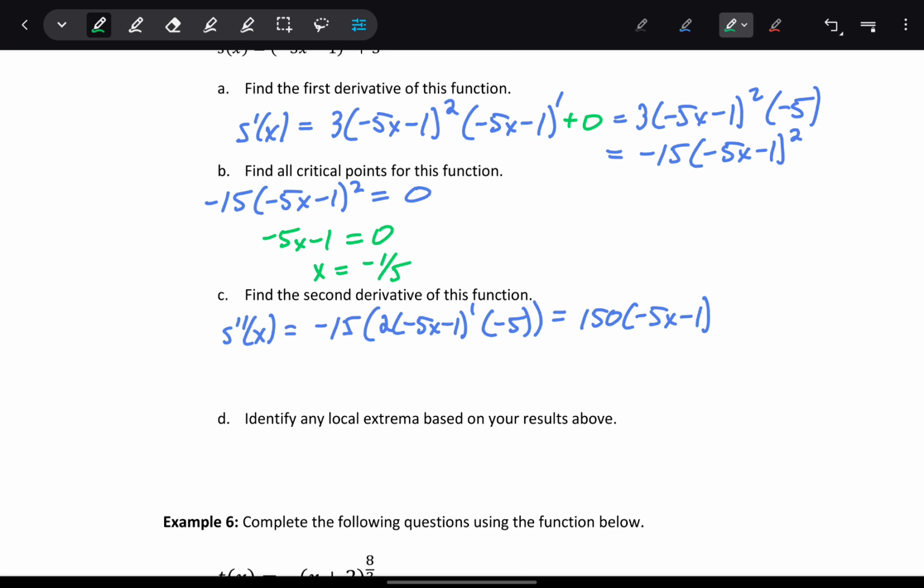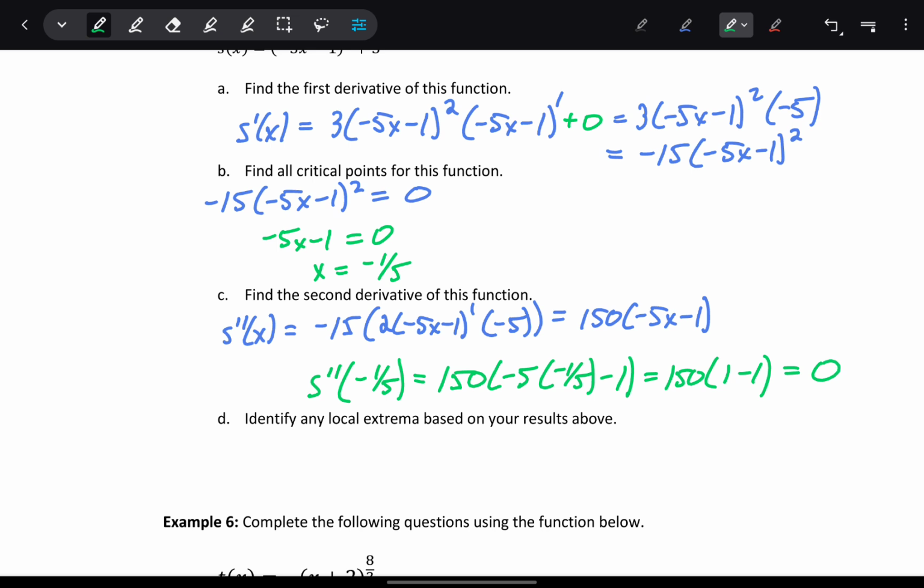We have a single critical value, so we'll test s double prime evaluated at negative 1/5, which will be 150 times positive 1 minus 1, which will be 0 times 150, or 0.